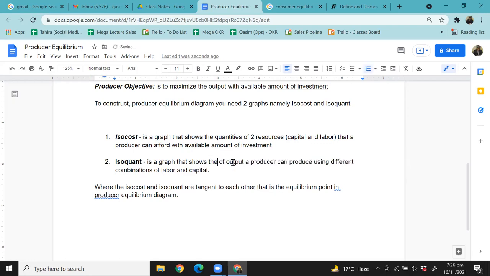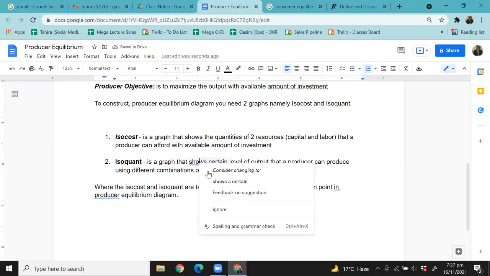It shows the level of output that a producer can produce using different combinations of labor and capital.